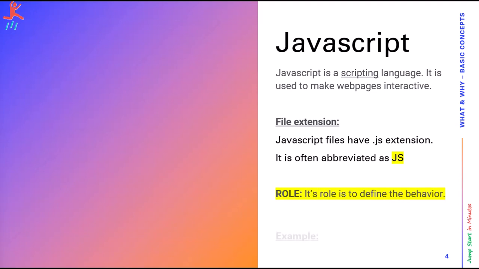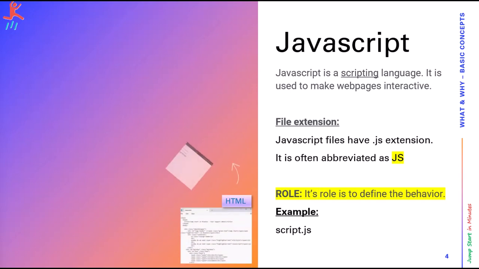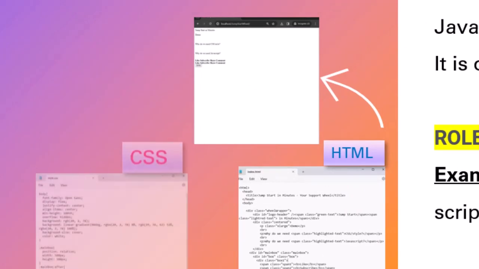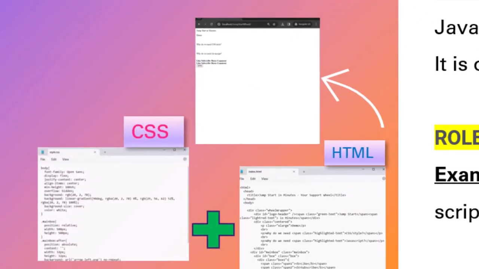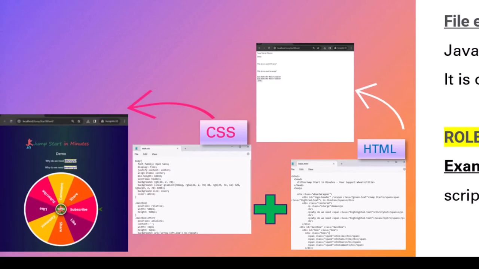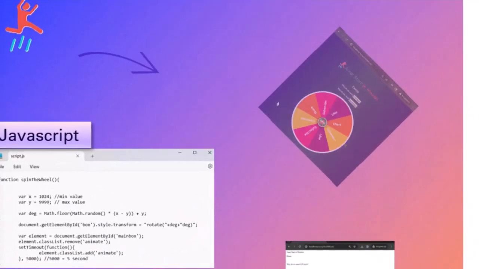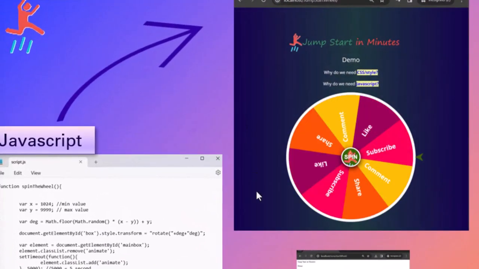Its role is to define the behavior. For example, script.js. And here let's look at the exact same HTML page. We see that when we render that page, it looks very uninspiring, but when we add CSS to it, the same web page looks really colorful and inspiring. And then when we add the JavaScript to it, we see that now we can interact with it.